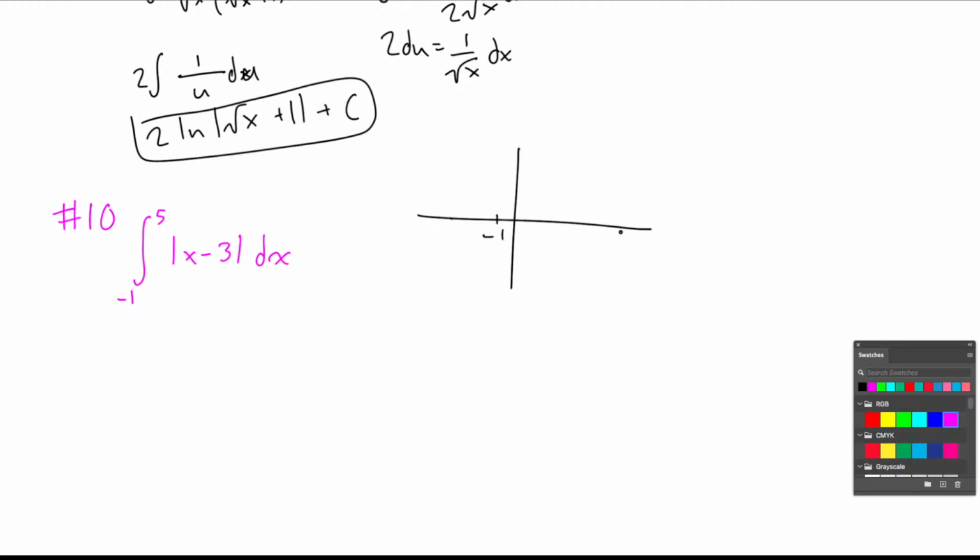So we start at -1, x minus 3 would be negative 4. Positive, right? But then it would become negative.